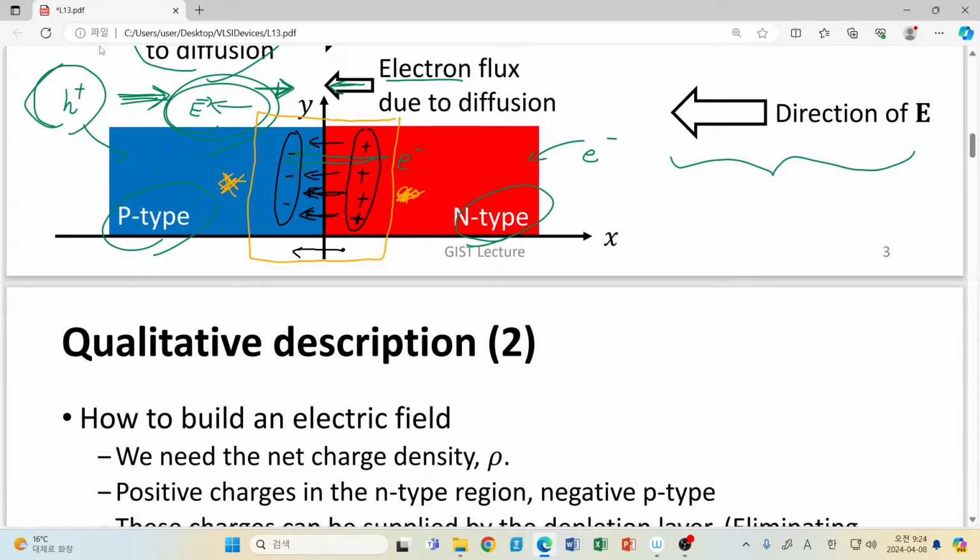So we will have a perfect balance between positively charged particles and negatively charged particles on a larger scale. However, if we introduce a certain resolution within this junction region, then of course there will be charge imbalance.